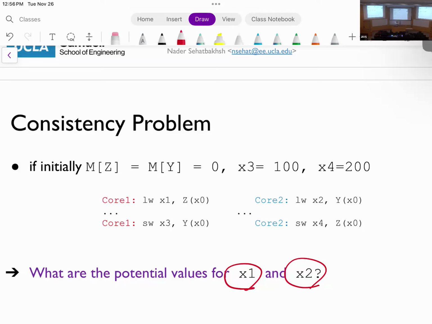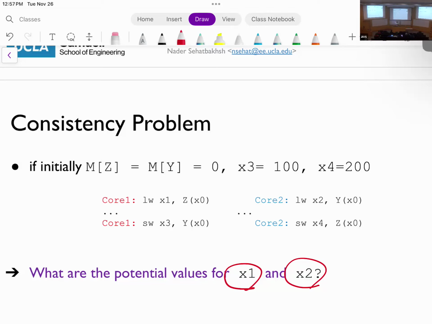Also, in load-store queues, we might be able to reorder things as well. So a collection of software and hardware causes consistency problems. The reason this is a problem is that the output of your program differs, but you want deterministic behavior. So you want to fix this issue somehow.